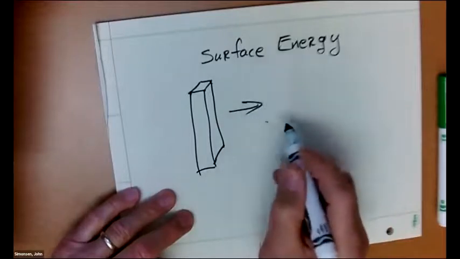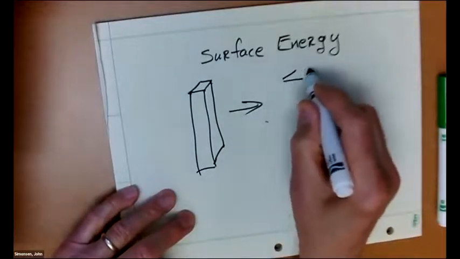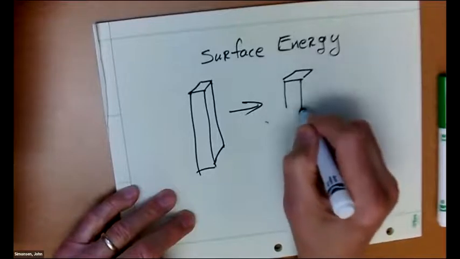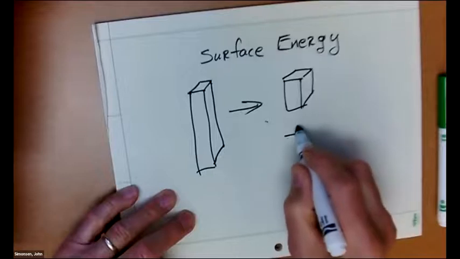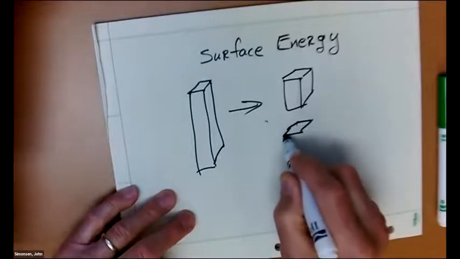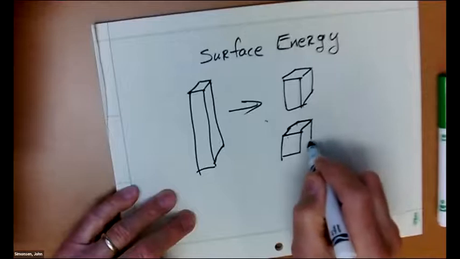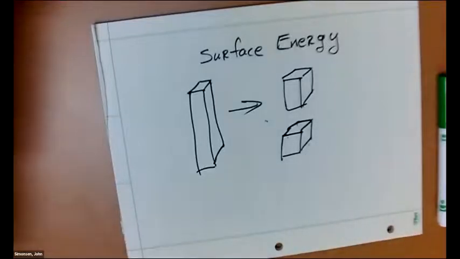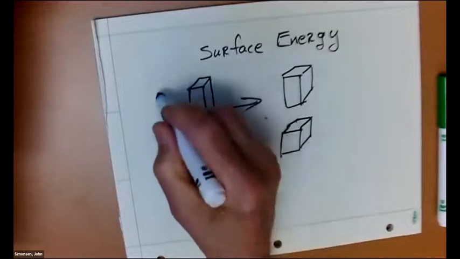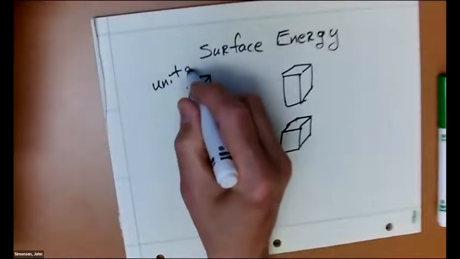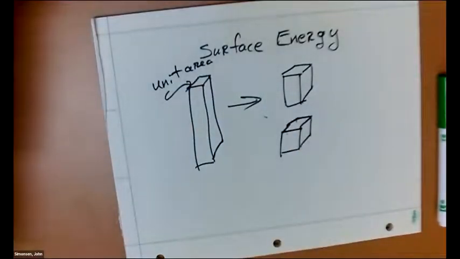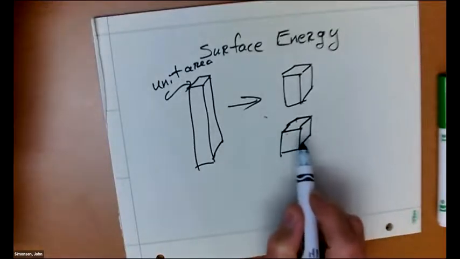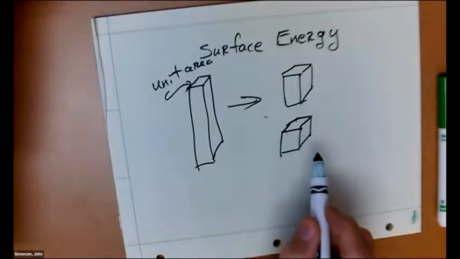Then you take it through an operation where you just cut it. If this is a unit area, and the length doesn't matter, and you cut it in two, what have you done?